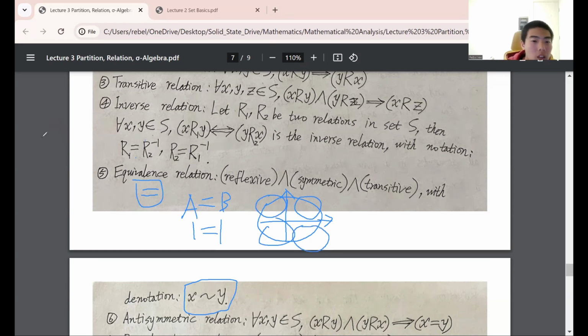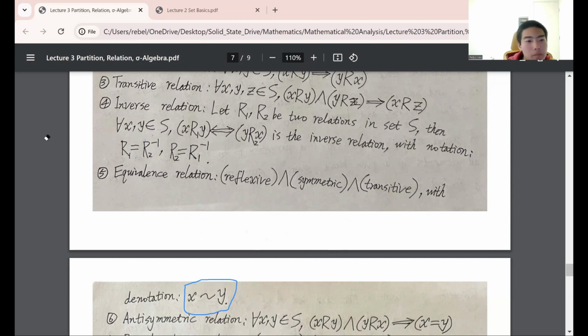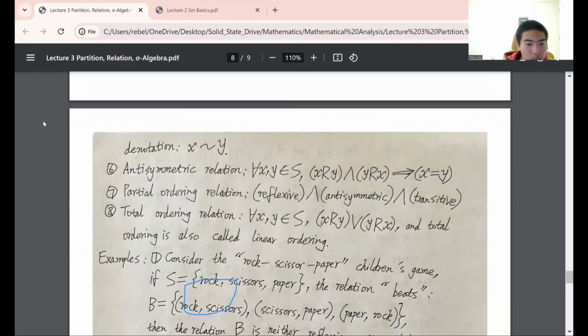They are all used as equivalence relations. So every element inside must satisfy reflexive, symmetric, and transitive. Yeah, we might see one example here.